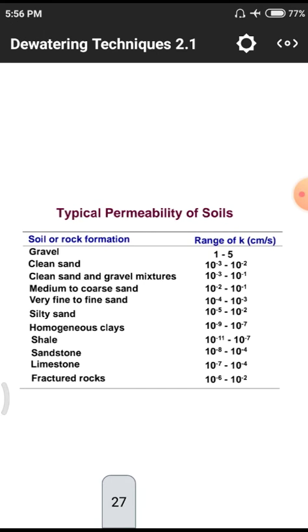Typical permeability tests: different soils have different permeability levels. So for gravel, what is the range of the K value, and for different soils: clean sand, medium coarse sand, homogeneous clay, shales, sandstones, limestone, fractured rocks. Why? Because we have different coastal areas with different river basins and other things. Each river has some amount of flowable properties.